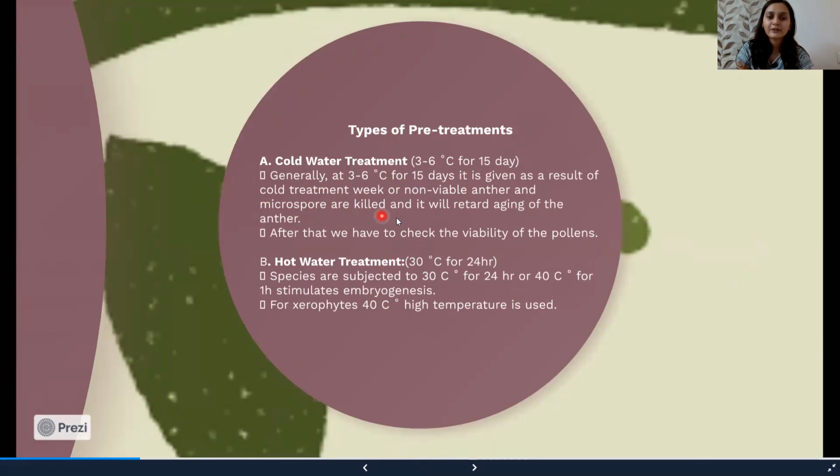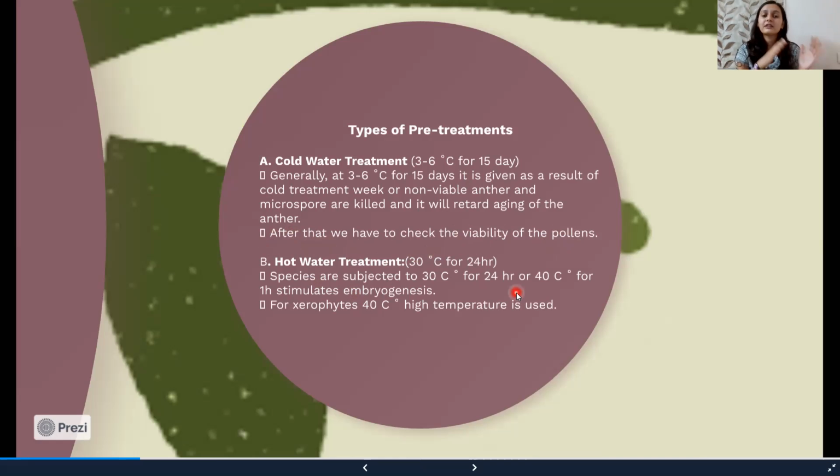Non-viable anthers and microspores are killed, and it will retard aging of the anther. After that, we have to check the viability of the pollen. With a chemical, they will also check the viability of the pollen before culturing, to get a high percentage of success in culture.